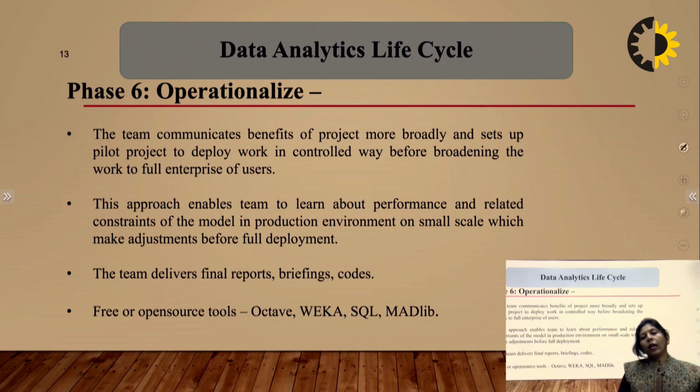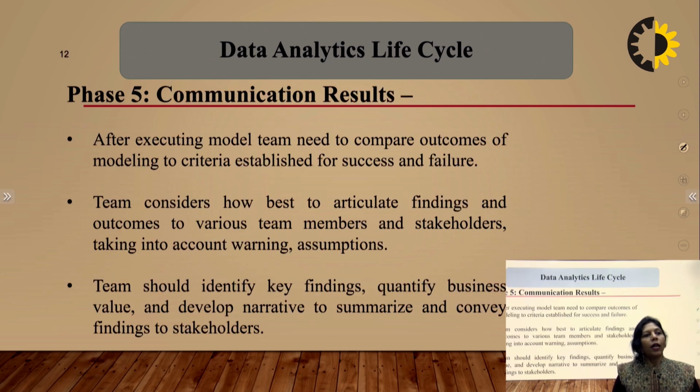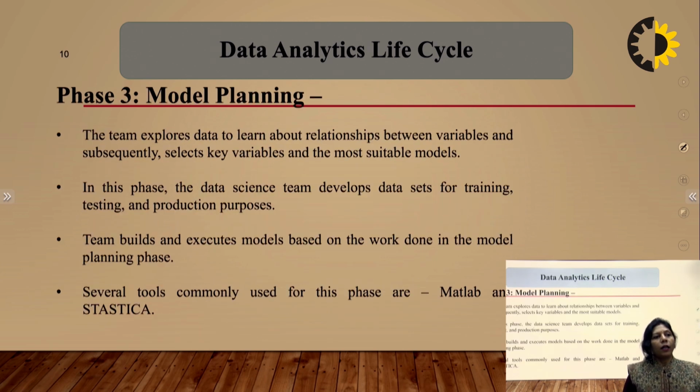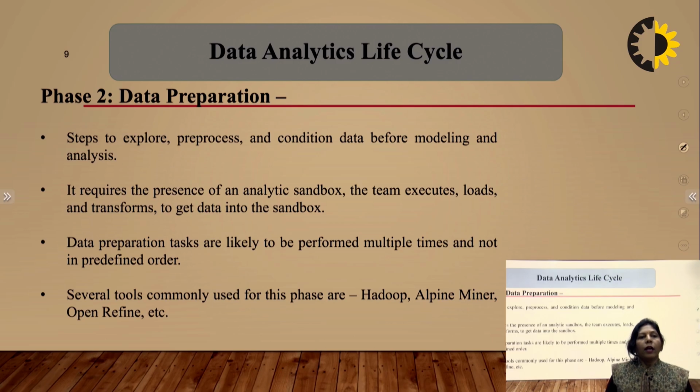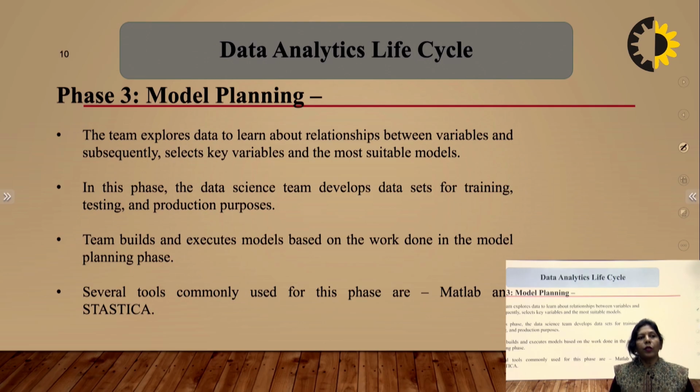Here many other tools are taken into account. For example, Alpine Miner that you can see on the slide, what it does is clean our data. It is refining our data. Alpine Miner and OpenRefine are helping us clean the particular data.